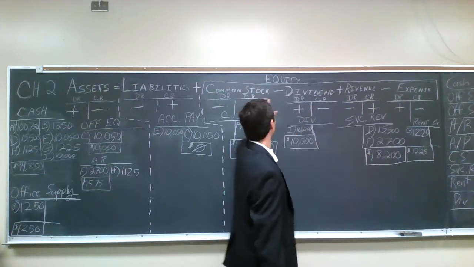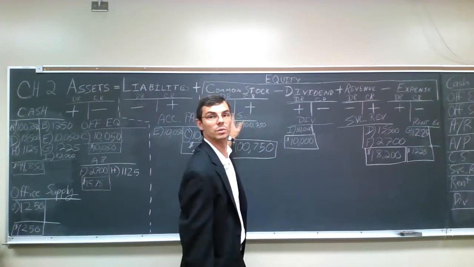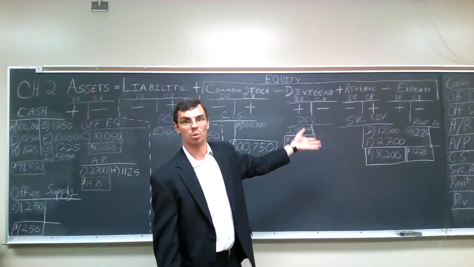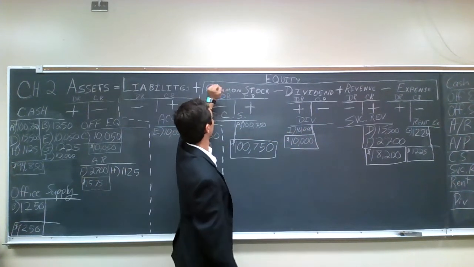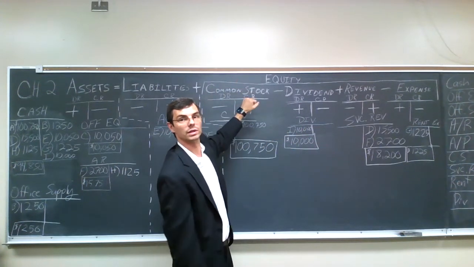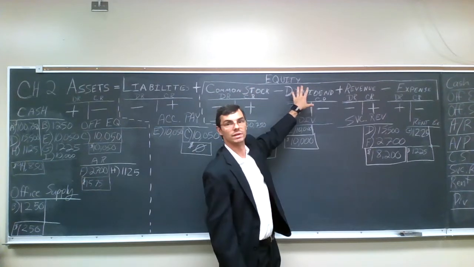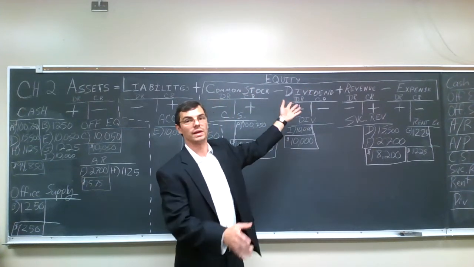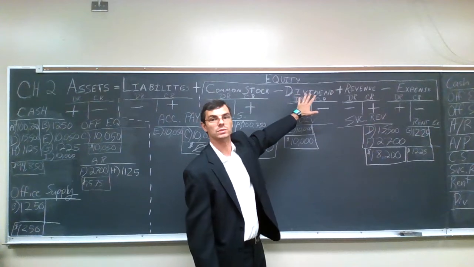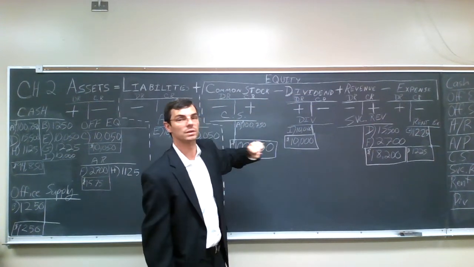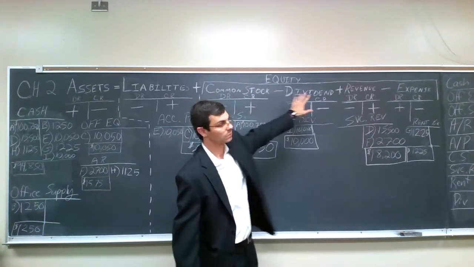Now this is obviously for a publicly traded company or someone that sells stock in their company. If it's a privately owned company, then your common stock is going to be owner's equity or owner's capital, and your dividends is going to be whatever they decide to name it for what they're paying out to the owners when they take money out. But that's what that is.